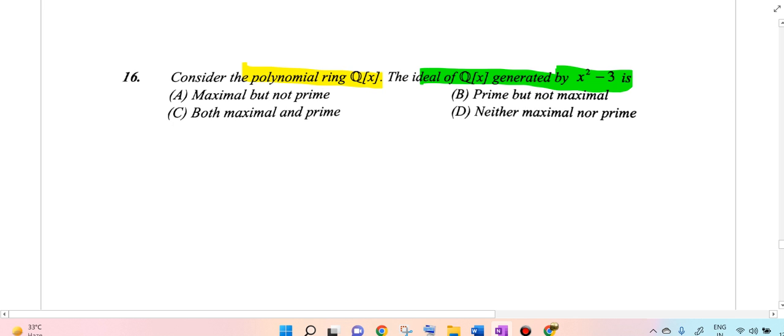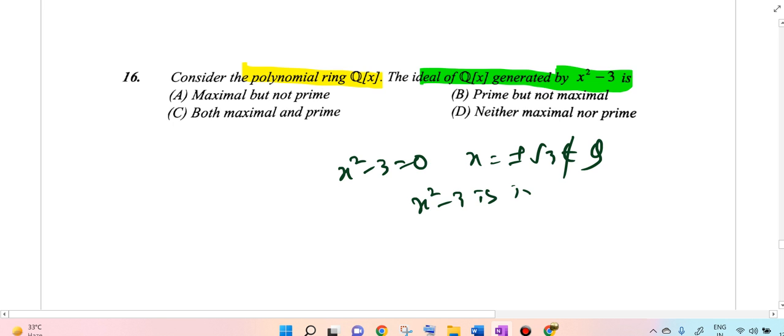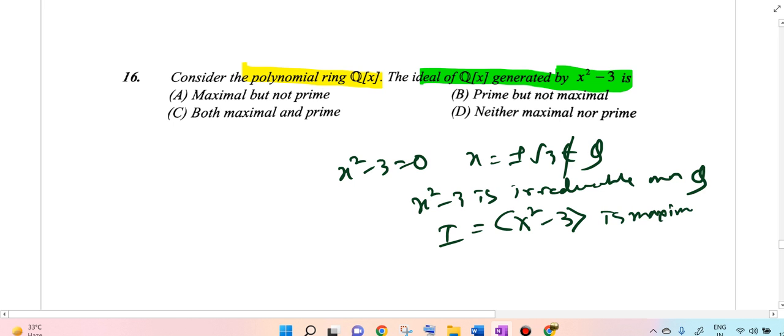Now x square minus 3 equal to 0 gives x equal to plus or minus root 3, which does not belong to Q. So x square minus 3 is irreducible over Q. So this ideal is a maximal ideal, and in a commutative ring with unity it is also a prime ideal. Remember that every maximal ideal is a prime ideal.